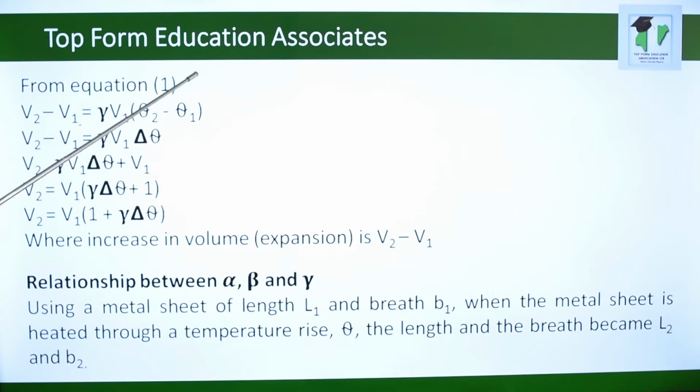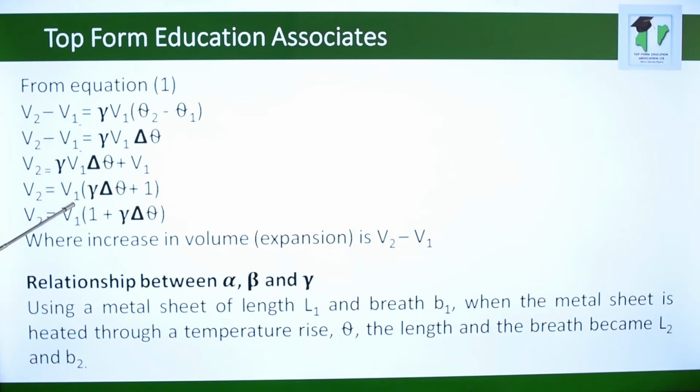Instead of writing theta 2 minus theta 1, that means change in theta. So V2 is equal to gamma V1 change in theta plus V1, because this minus V1 crosses over the equality sign, it turns plus V1. V1 is common here, so we take it out. We have V2 is equal to V1 times gamma change in theta plus 1.